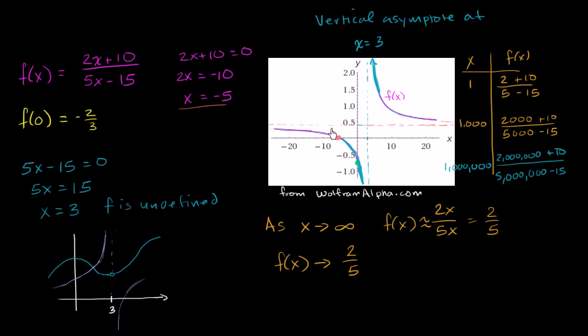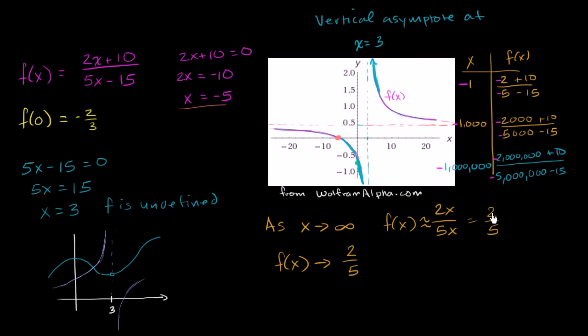And the same thing is happening as x gets more and more and more negative. You can make all of these negative values. So if this were -1, then it would be -2 over -5. If this was -1,000, it would be -2,000 over -5,000. If it were -1 million, it would be -2 million over -5 million. But you see, even in this case, f of x is approaching 2x over 5x, which is approaching 2/5.